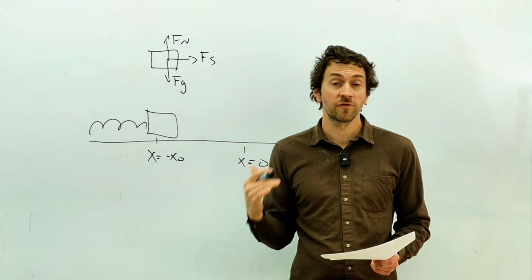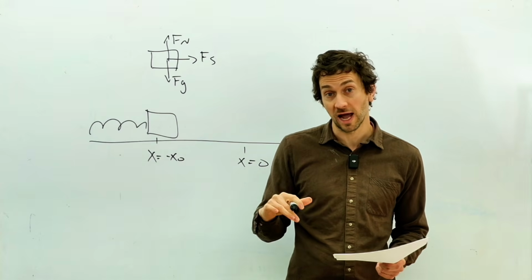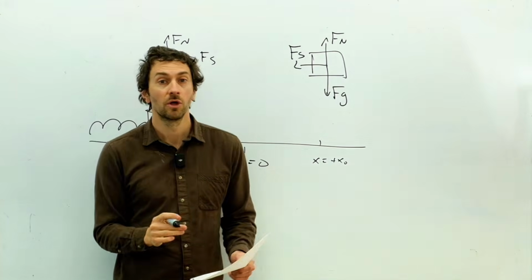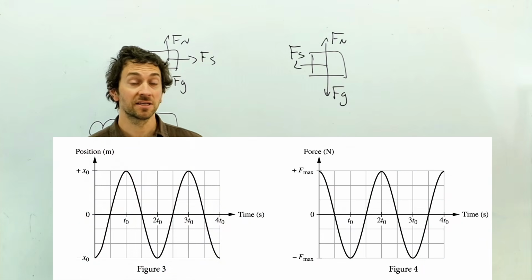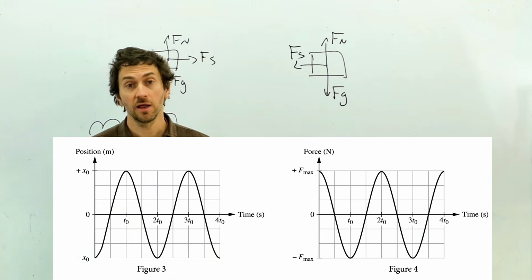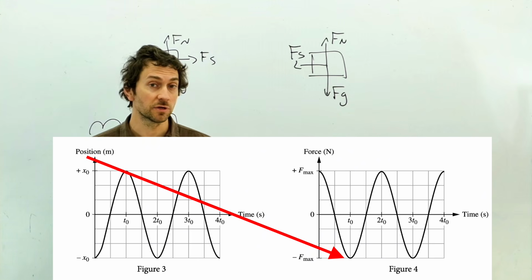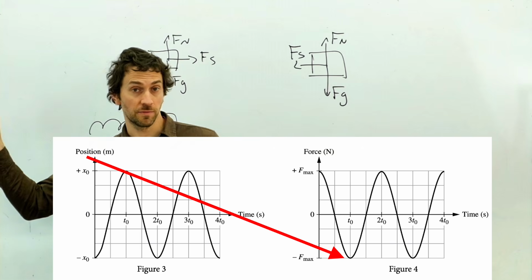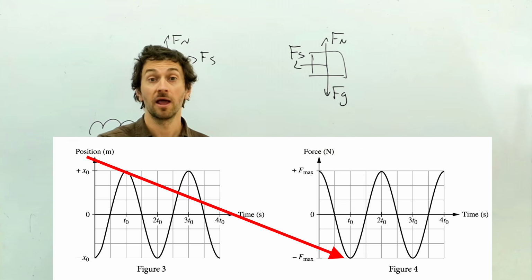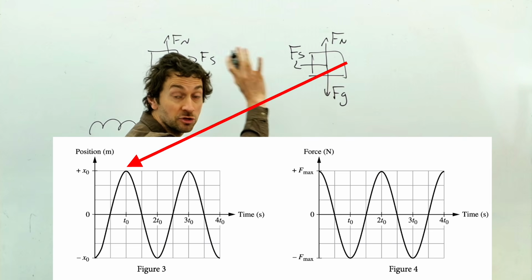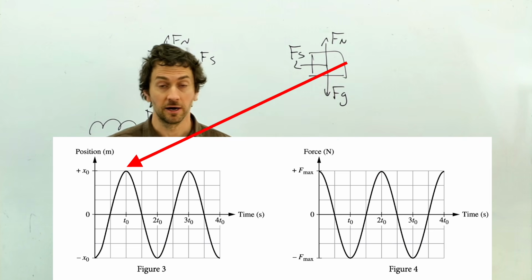If we draw the free body diagram on the other side, where x is positive, the force is going to be pointing to the left. So here, at x equals positive x naught, the force is pointing to the left, so we draw that as a negative force. And that's at time is t naught, the time it took to go from the left side to the right side. But the position, that's positive. So we draw that as a positive x there.